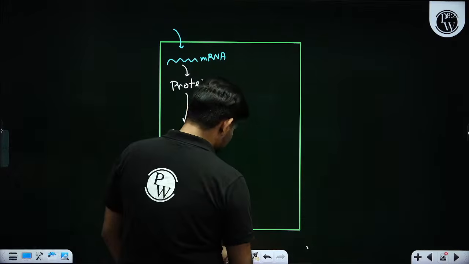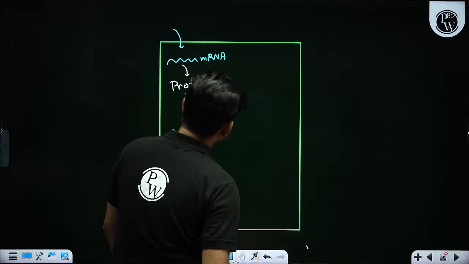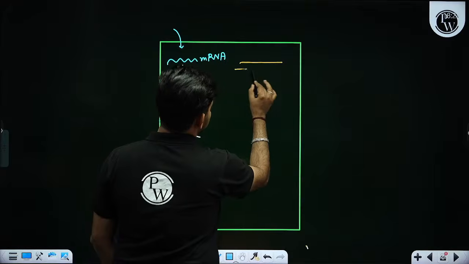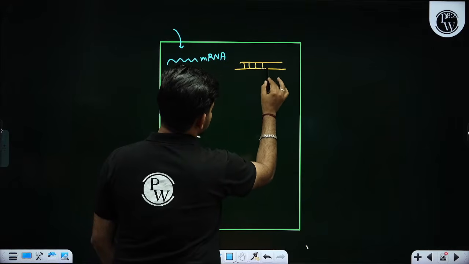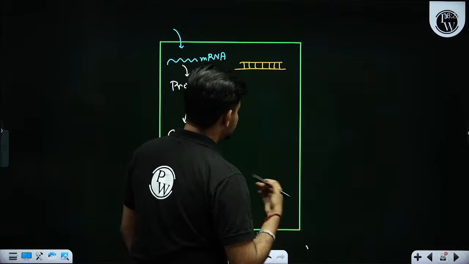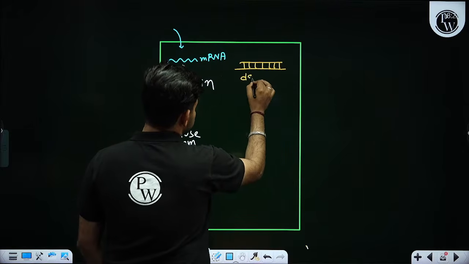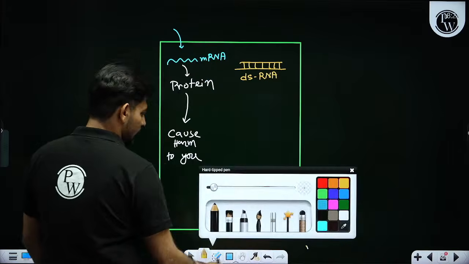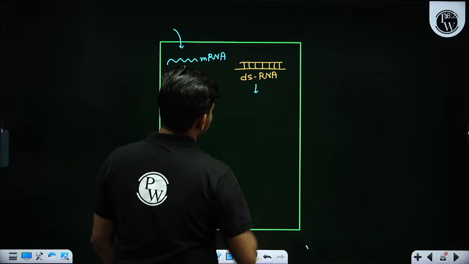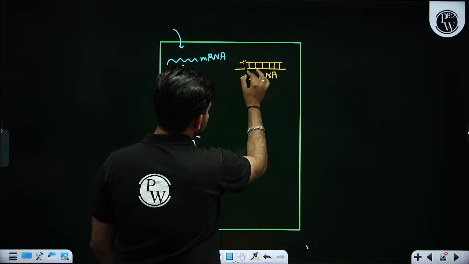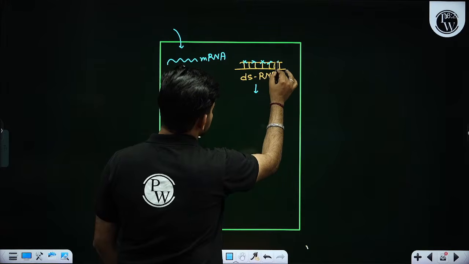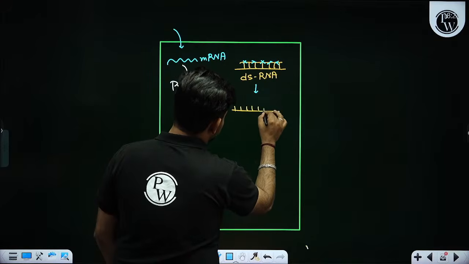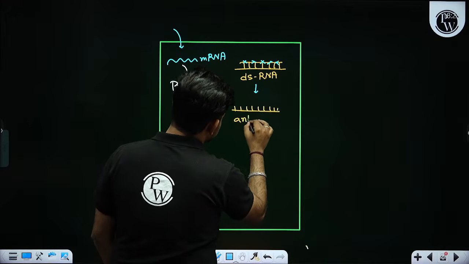Now, how is RNA silencing or the RNAi technique done? The cell will be producing a double-stranded RNA. Generally, we know about double-stranded DNA, but the cell has some special double-stranded RNA molecules, right? Now, when the cell destroys one of the strands of the double-stranded RNA, the remaining strand is called the antisense strand.